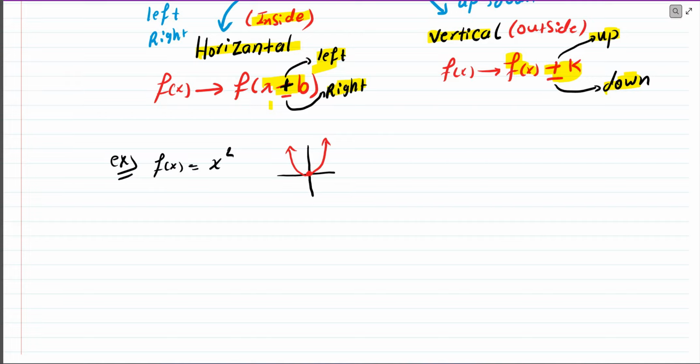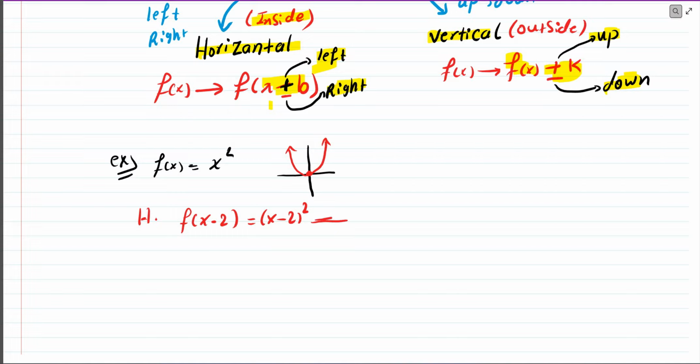But what if I translate this function horizontally? For example, if I want to find f of x minus 2, it's going to be x minus 2 squared, right?